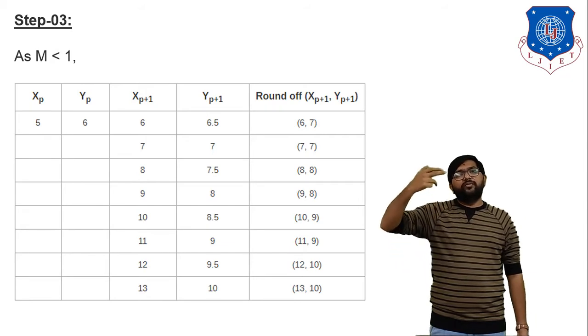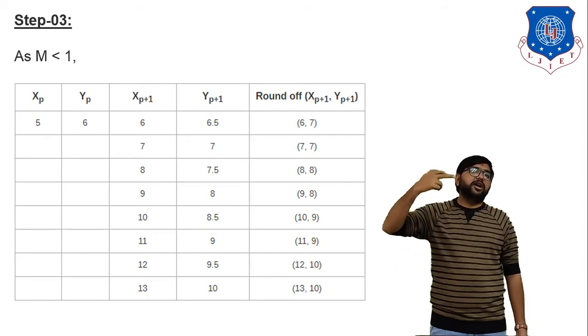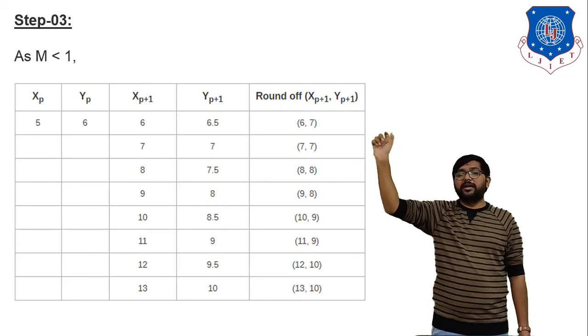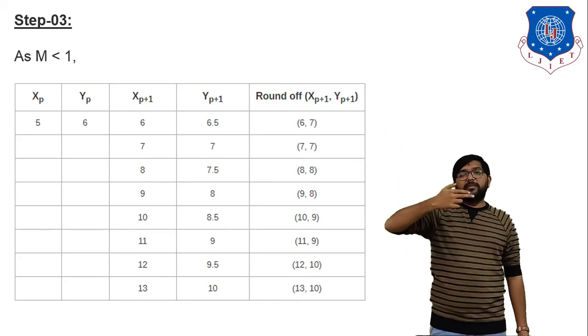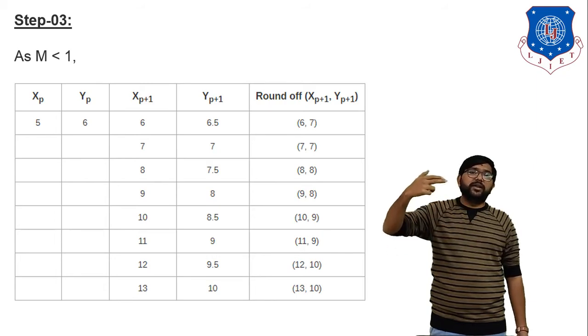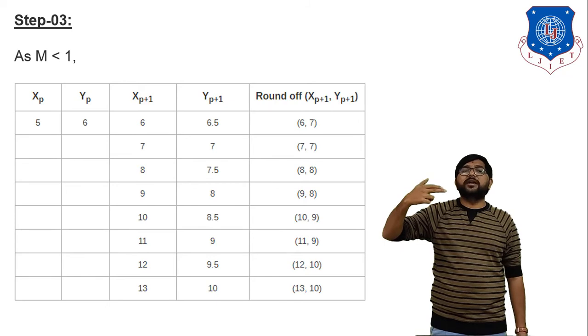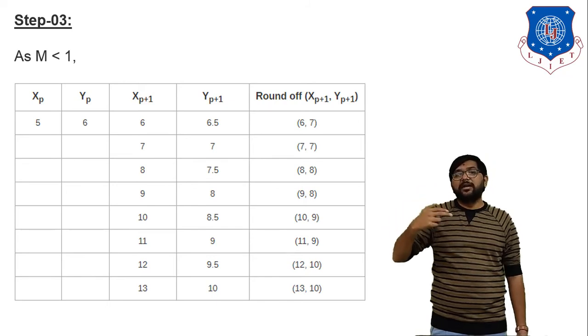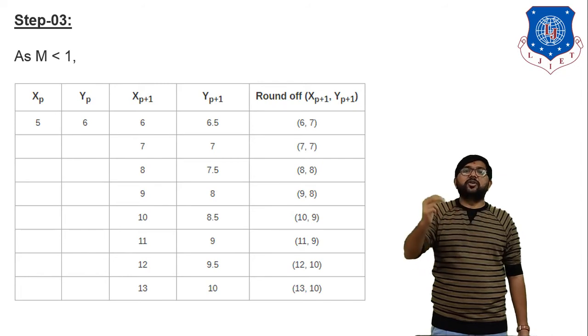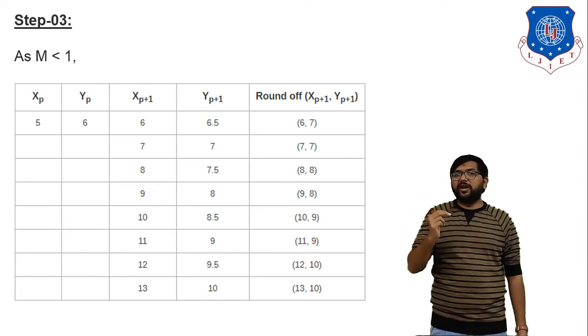Now we need to follow this process continuously until we reach the last endpoint. Clear? So again we give 1 increment, 6 plus 1 is 7, and again we increment 6.5 plus the slope 0.5, that is 7. Again you give 1 unit increment in the x coordinate and 0.5 unit increment in the y coordinate.